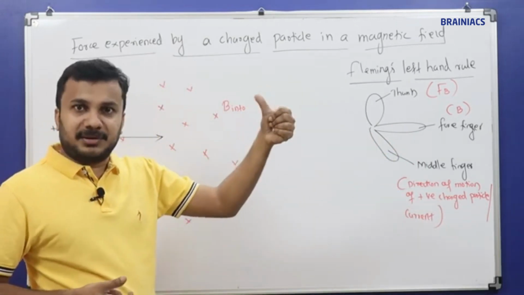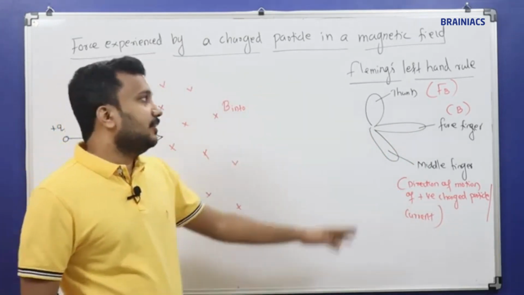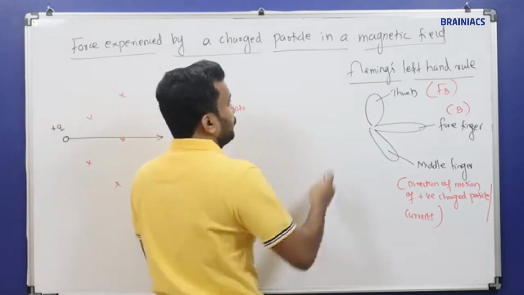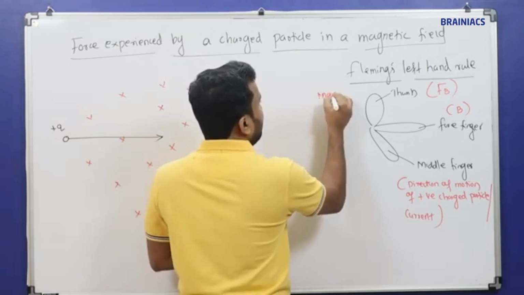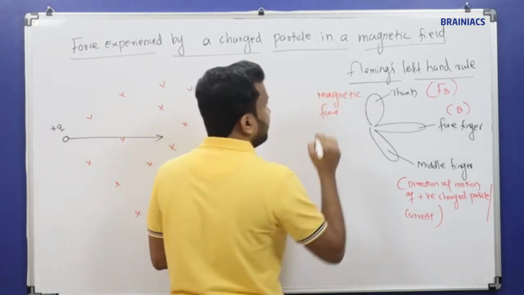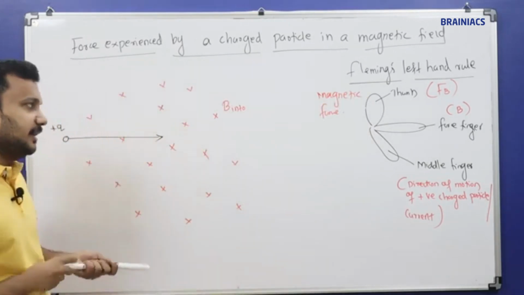Then your thumb represents the direction of magnetic force, and FB is called magnetic force. Magnetic force is the force given by a magnetic field on a charged particle.